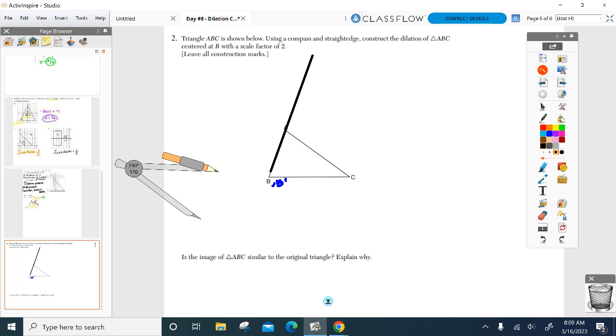All right, now go back to your compass. You had the distance from B to A, and I want to double it. So now I'm just going to take my compass, go up to A, and make a little mark on my extended line. I just doubled the distance from B to A. And there's A prime.